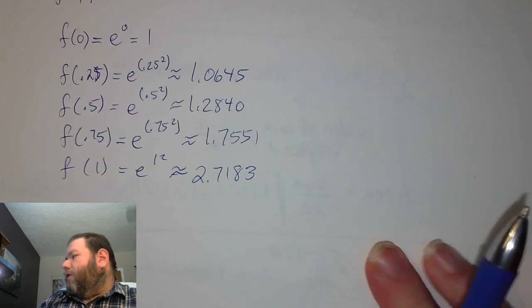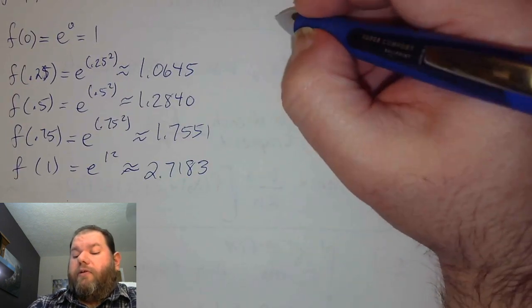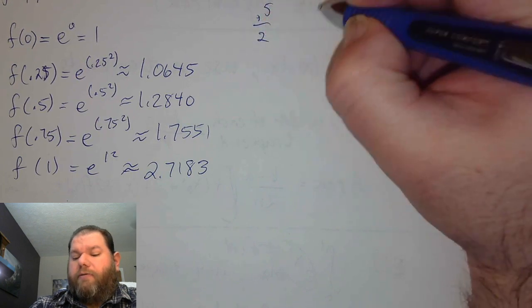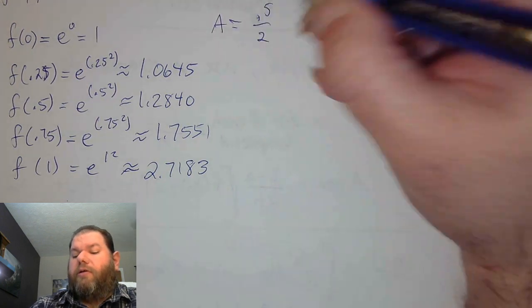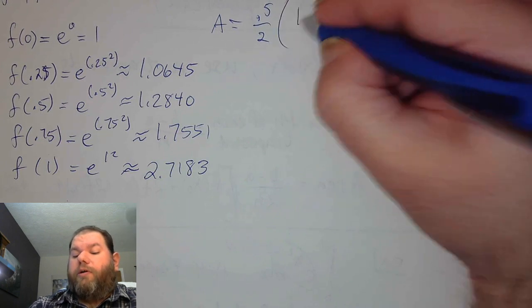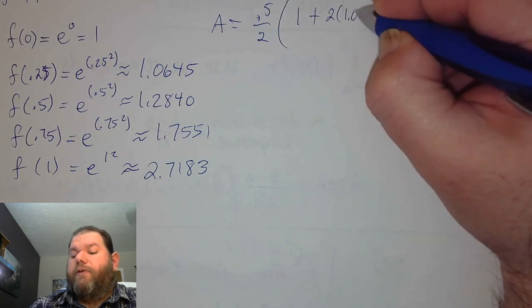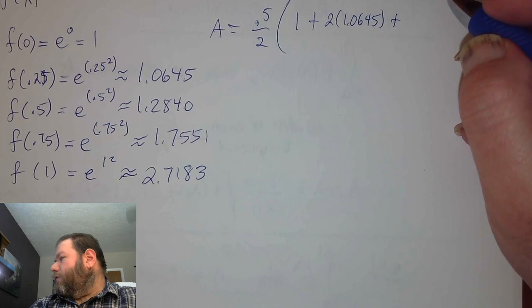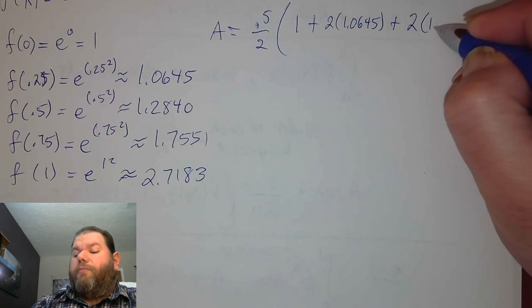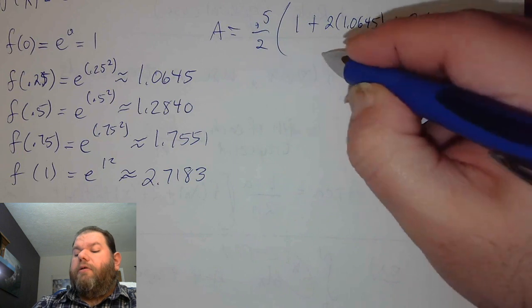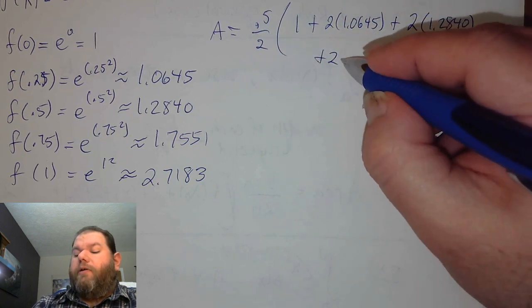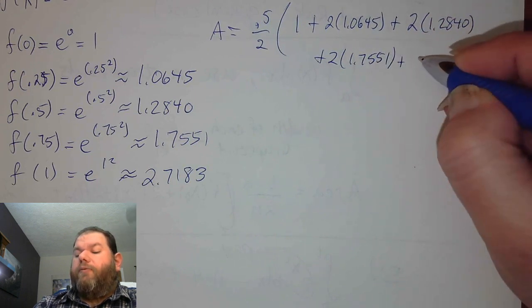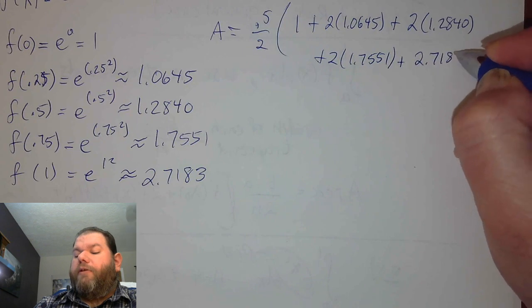So let's see. So we had 0.5 divided by 2 times 1 plus 2 times 1.0645 plus 2 times 1.2840 plus 2 times 1.7551 plus 1 times 2.7183.